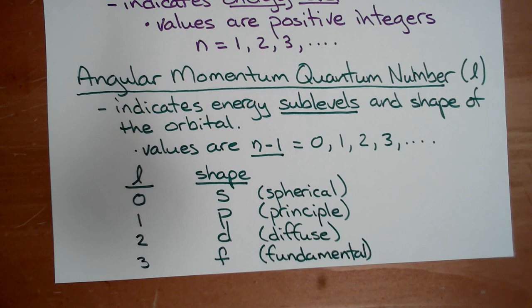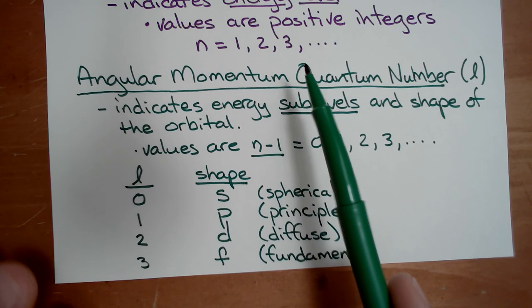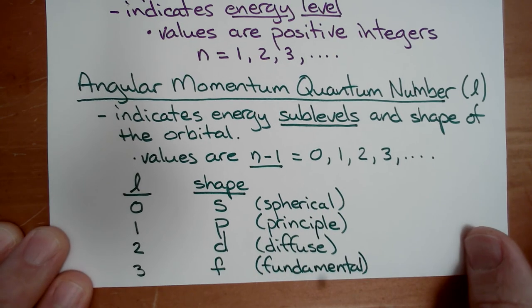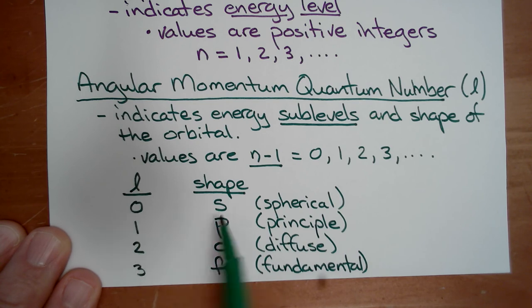Okay, so you can have an energy level 1, 2, 3, up to 7 right now, but it theoretically can go up to infinity. And then we have sublevels, and those sublevels are called S, P, D, and F sublevels. Their quantum numbers are 0 for S, 1 for P, 2 for D, and 3 for F.